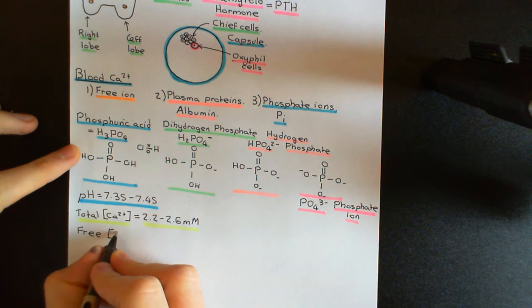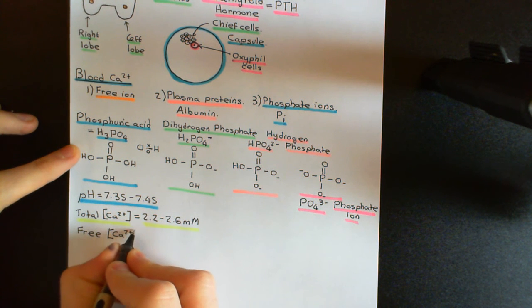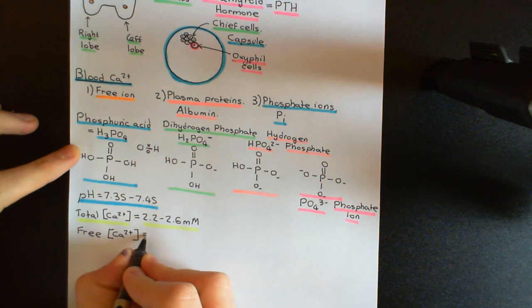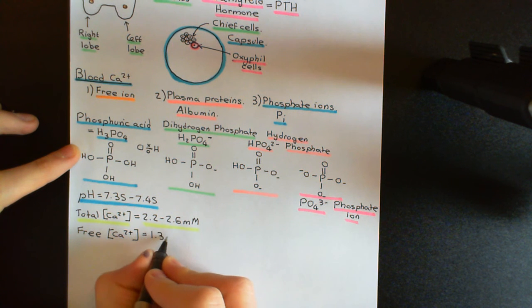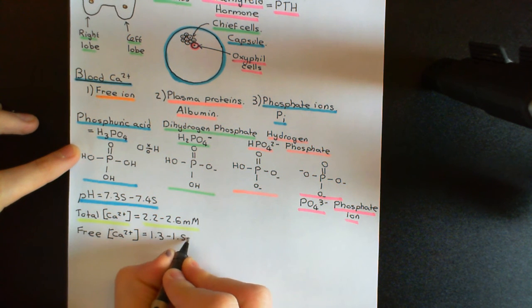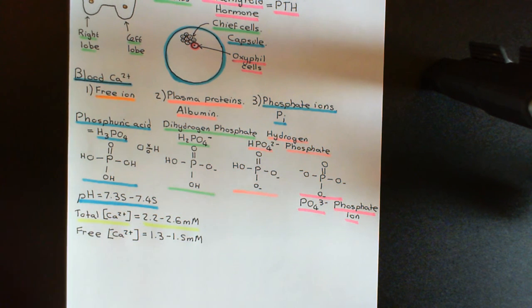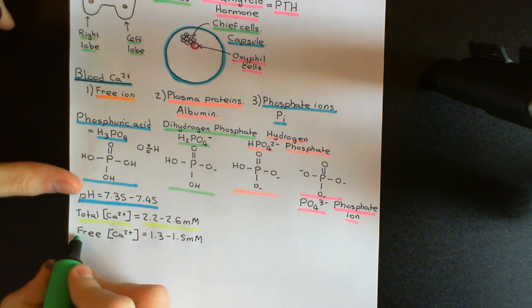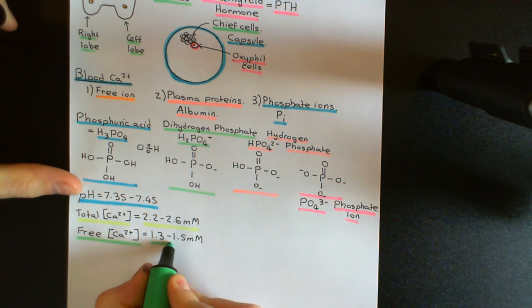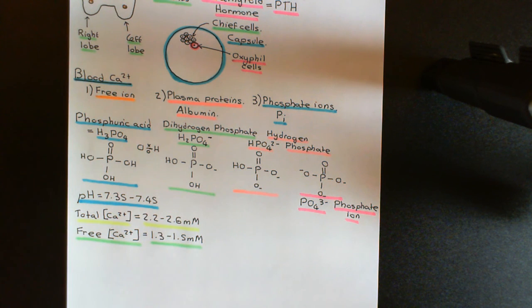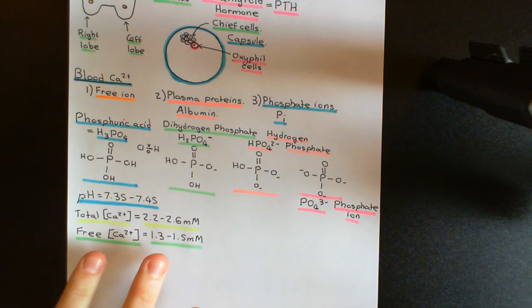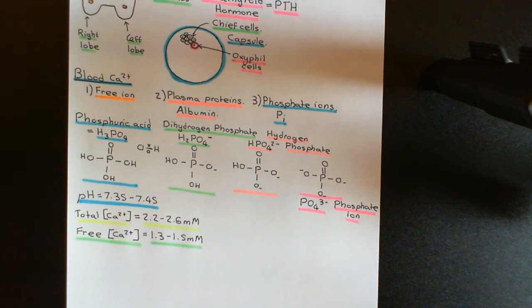So now let's talk about what is the normal free ion calcium concentration. Well, the normal range for this is between 1.3 and 1.5 millimolar. Right, so it's really important that you do understand the difference between those two, so I will just recount it again. Free ion calcium concentration in the blood is obviously in equilibrium with the free ion concentration in the extracellular fluid, so they're the same.